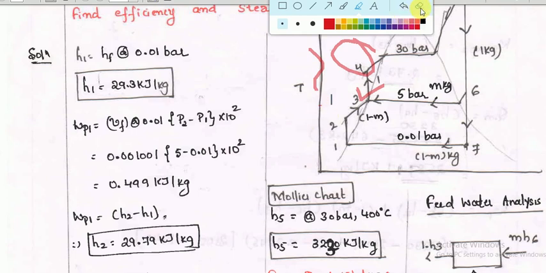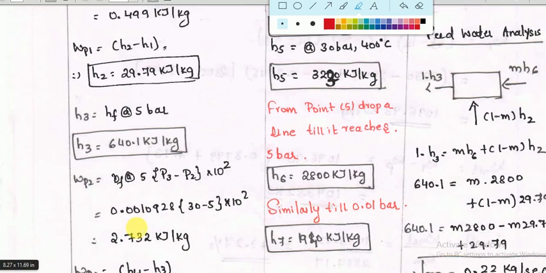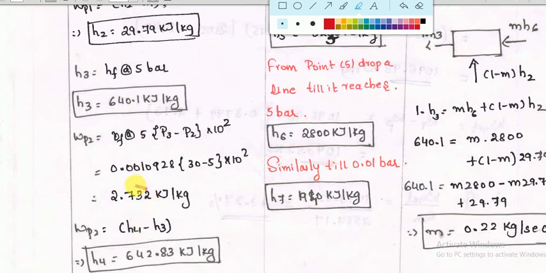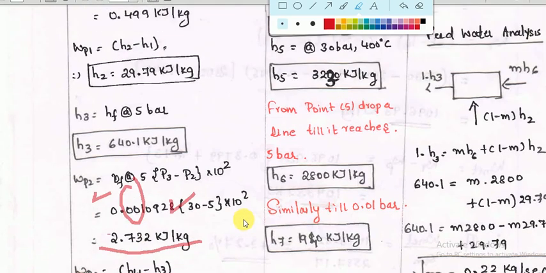To find H4, we will use WP2, which we already know. We know H3, we know WP2, and we need to find H4. So we substitute and find the value of H4.